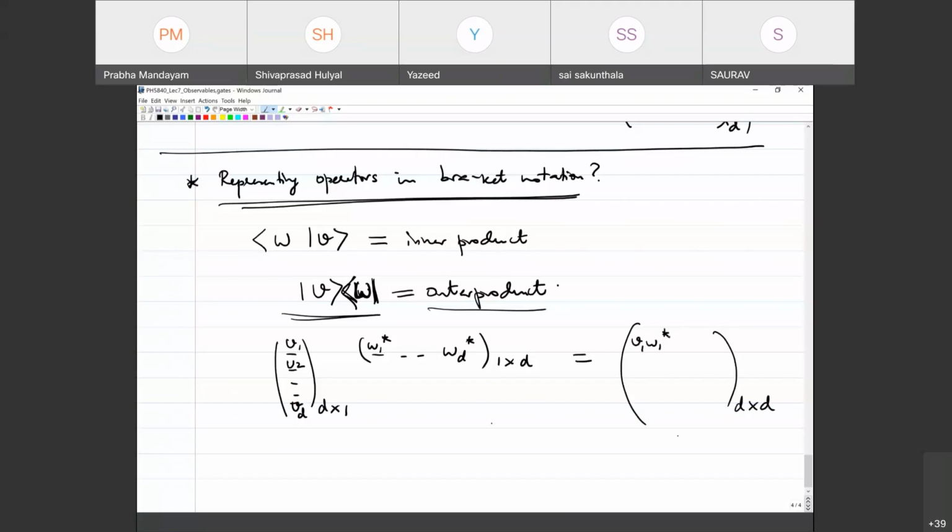The second entry is V1 W2 star, etc. The second row we populate as V2 W1 star, and so on, down to VD W1 star, and VD WD star. So essentially, what I have is a D cross D matrix, with the top right entry V1 WD star.